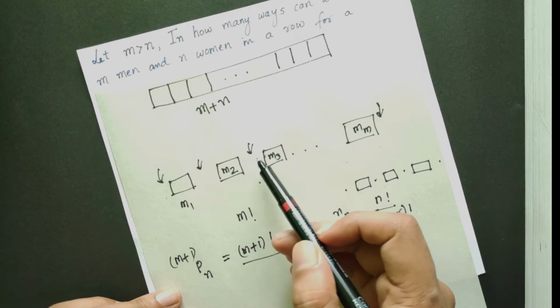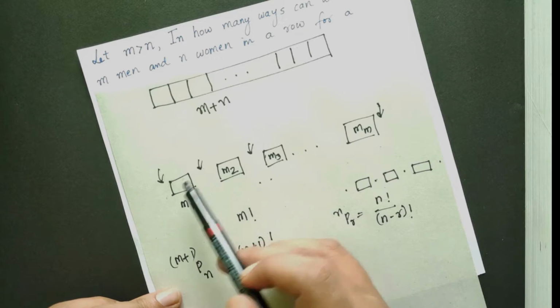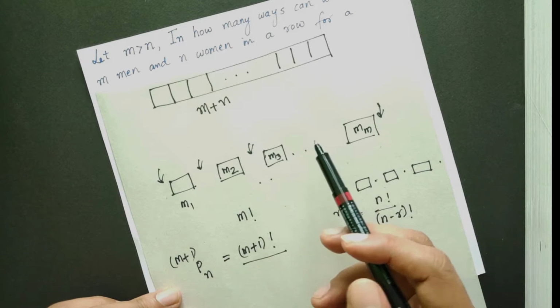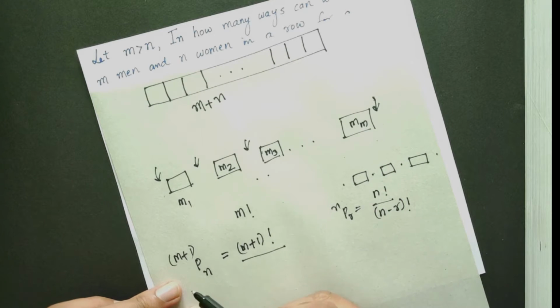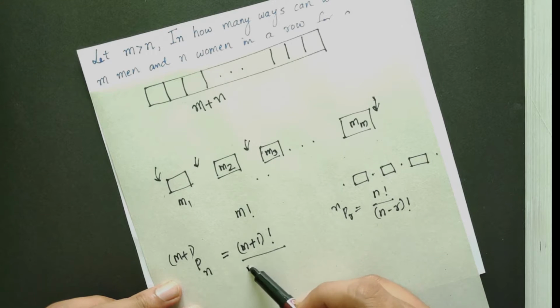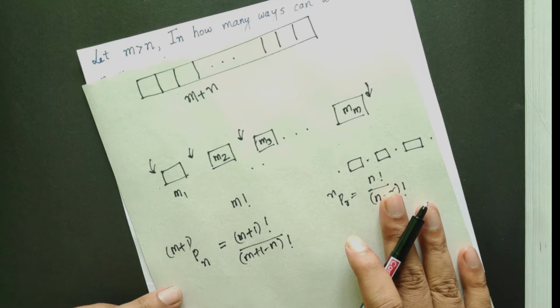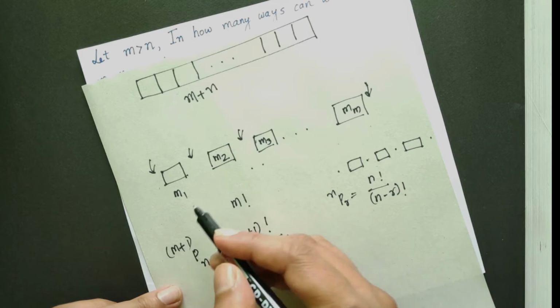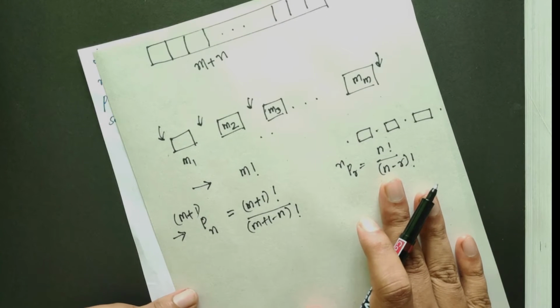See, here we are not using combination. Why? Because the way in which they sit, the position matters here. So that is why here we are using the permutation, not the combination. Then n factorial divided by n minus r factorial, so that is m plus 1 minus n factorial. So how many total number of ways? The total number of ways is what we are interested in calculating.